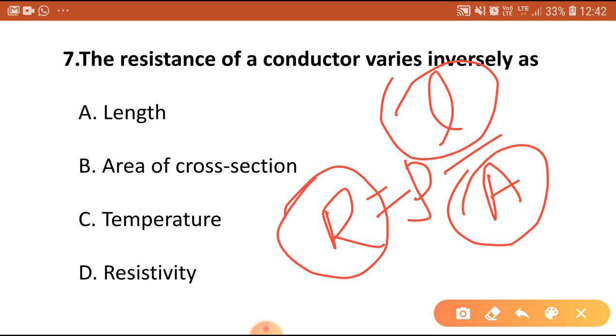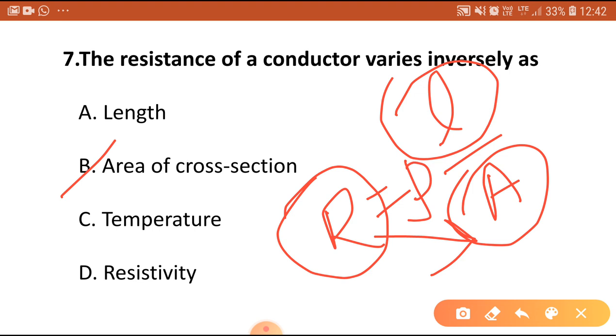So the question is the resistance of the conductor varies inversely. We can see this resistance varies inversely with the area of cross section, that is option B is the right answer.